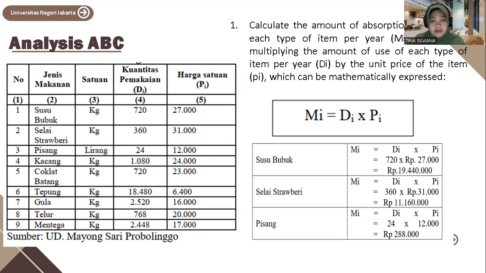For example, the milk powder: MI equals TI multiplied by PI.